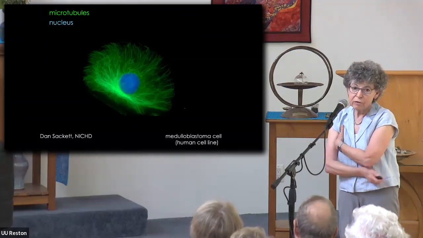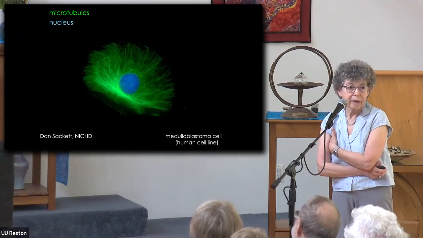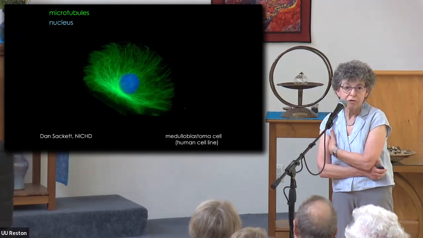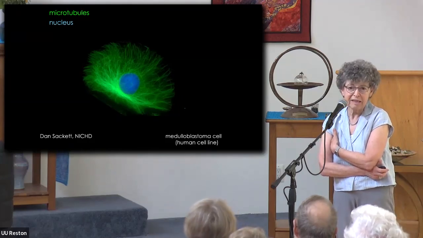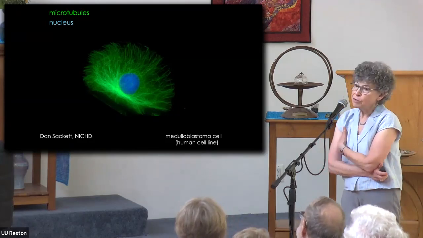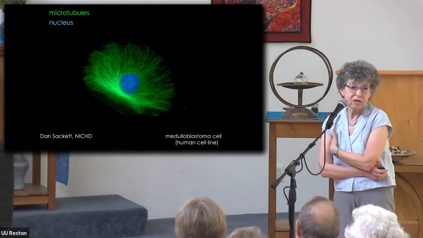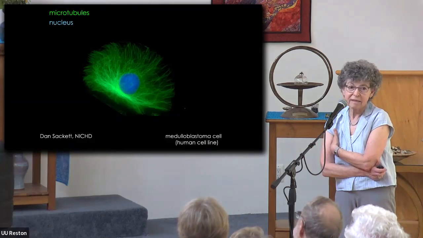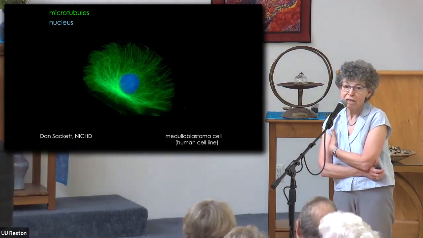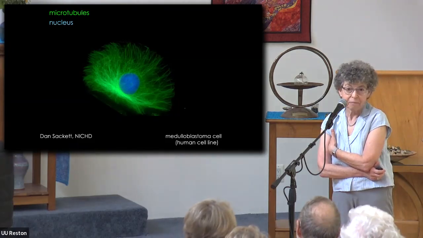What you see in green are microtubules. The name would suggest small tubes. You will see that there are indeed tubes in the cell. And what you see in blue is the nucleus of the cell. Each of our cells has a nucleus which contains our genetic material, all the DNA.